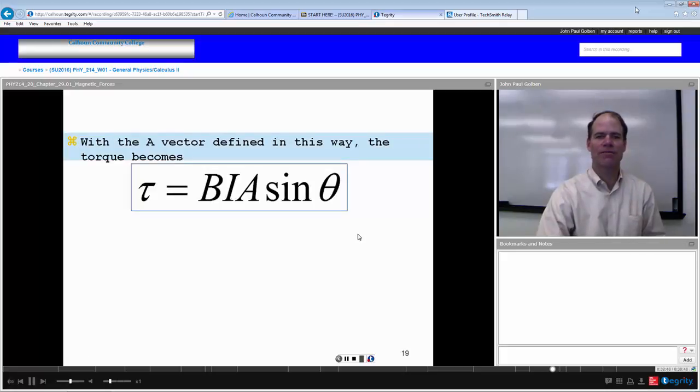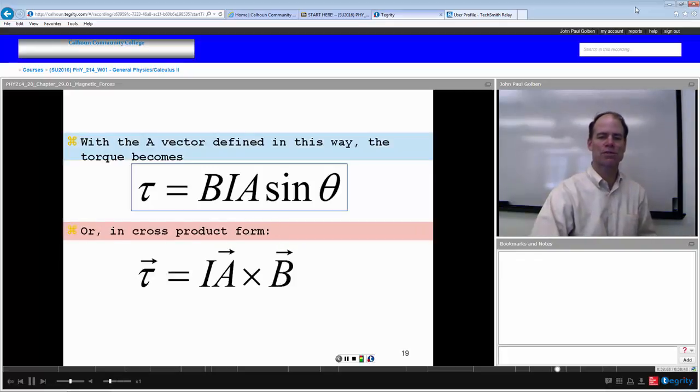With the area defined this way, the torque becomes field times current times area vector, at least the magnitude of the area, times the sine of the angle between the area vector and the magnetic field.